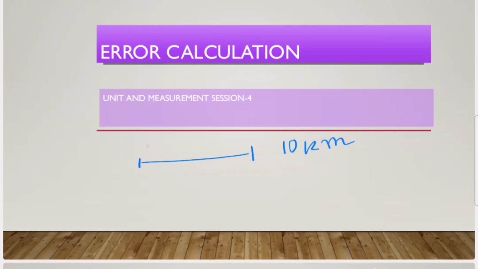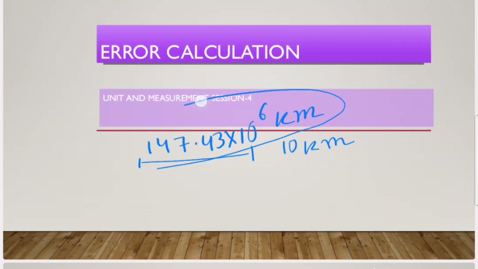because this distance is of the order of 147.43 into 10 to the power 6 kilometer. So in this huge amount, 10 kilometer is insignificant.